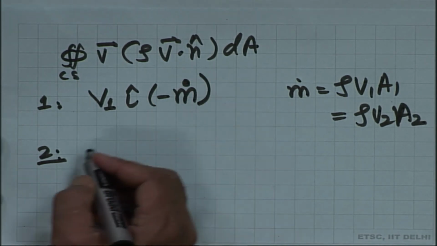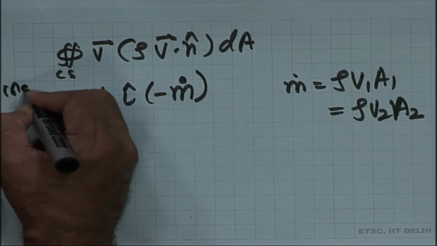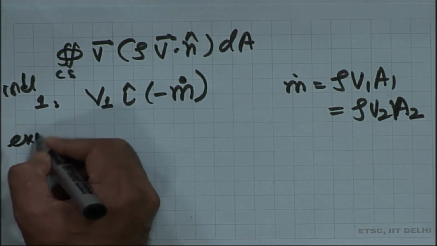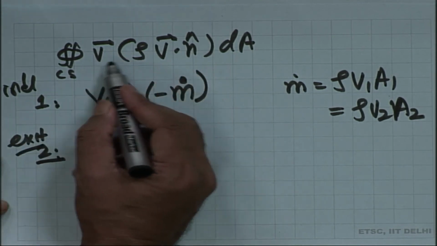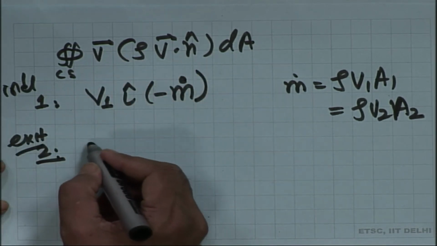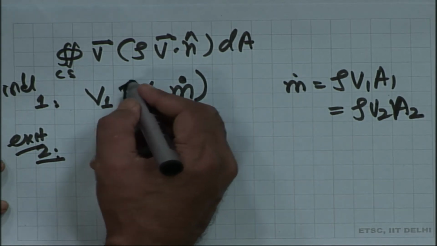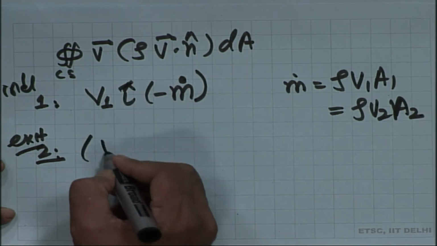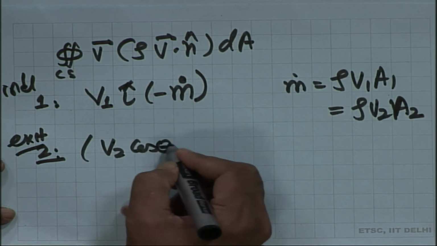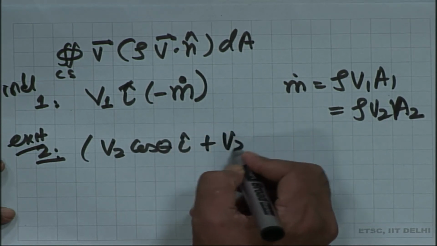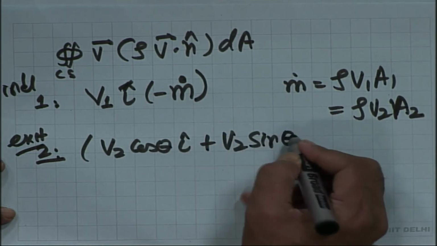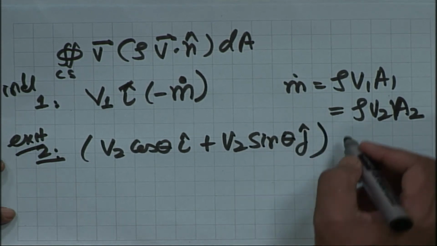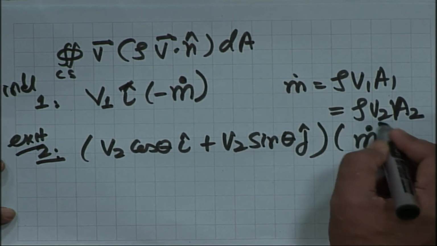On surface 2, that is the exit, this term will be V2 cos theta i plus V2 sin theta j, multiplied by m dot.